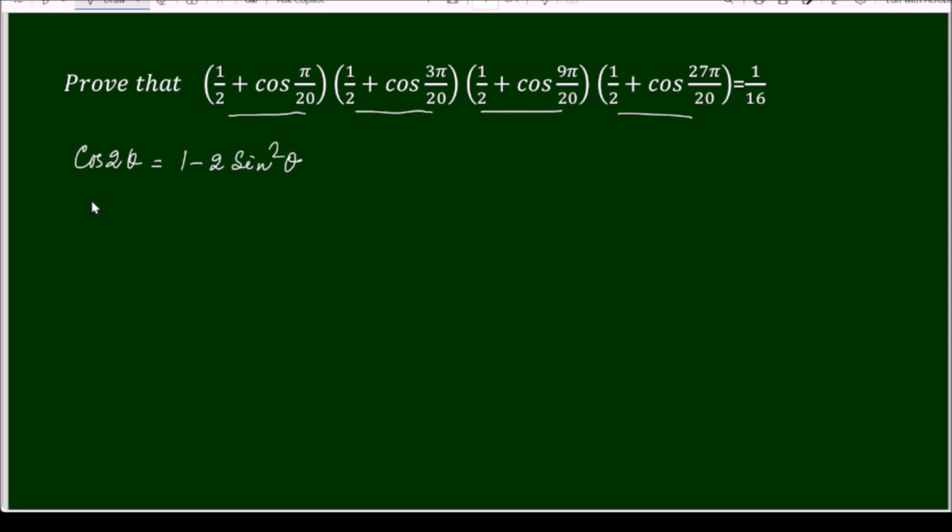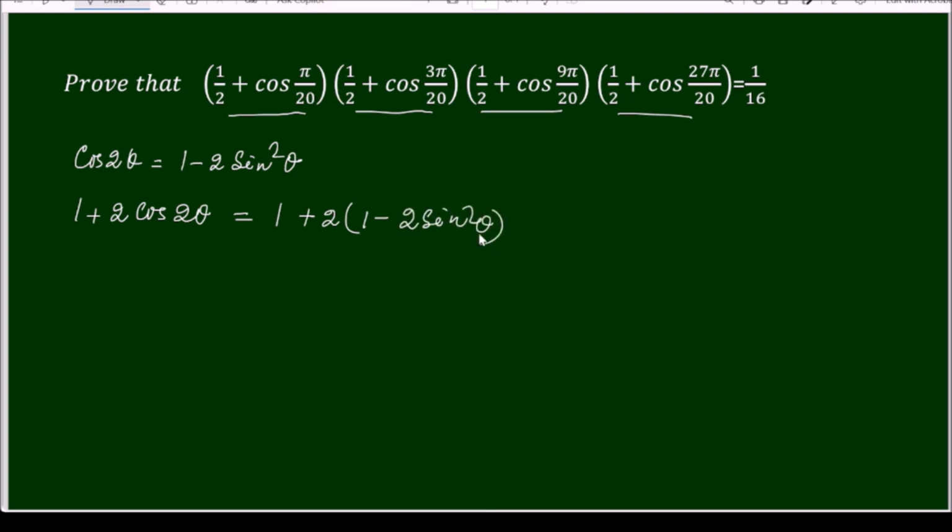So applying this, I am writing the expression for 1 plus 2 cos 2 theta. 1 plus 2 cos 2 theta equals 1 plus 2 multiplied by 1 minus 2 sin square theta.